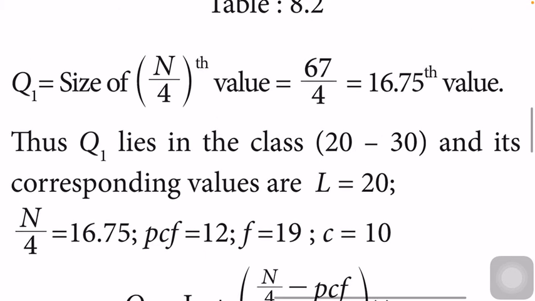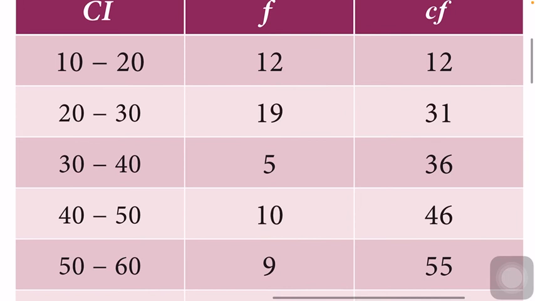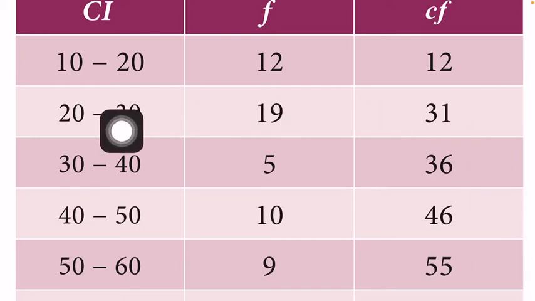Where does that lie? Here we have 12, and in the next row we have 31. So 16.75 lies in the interval with 31, because it is bigger than 12. So it lies in the next interval.